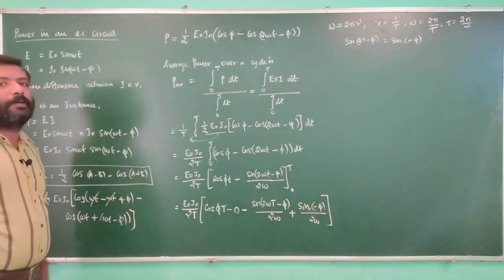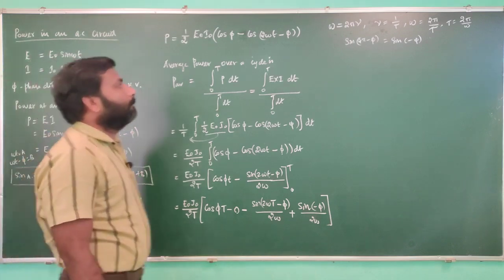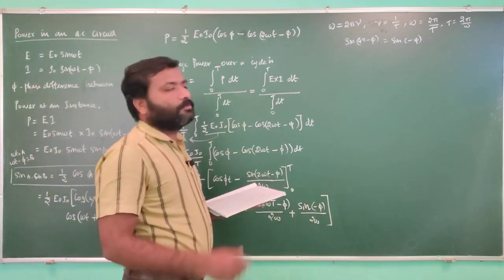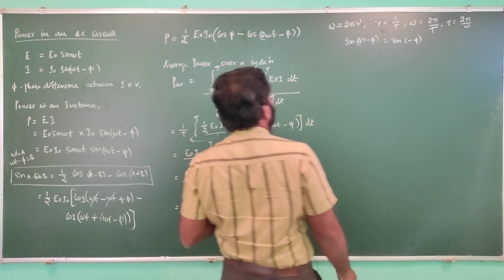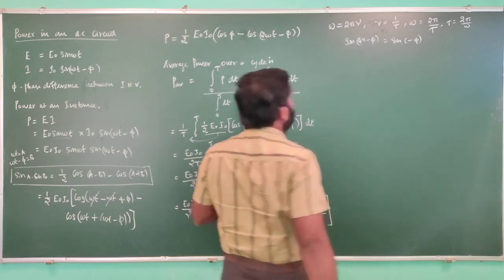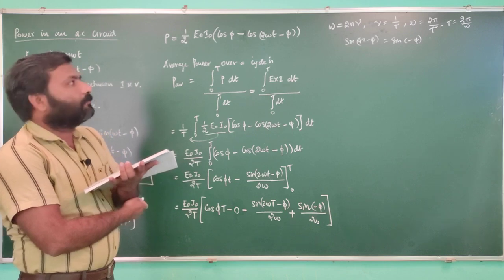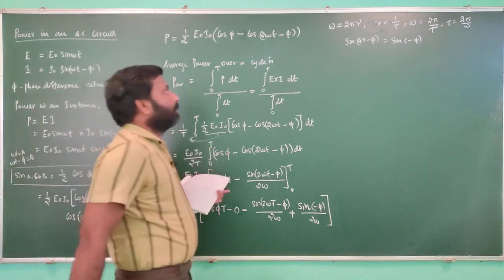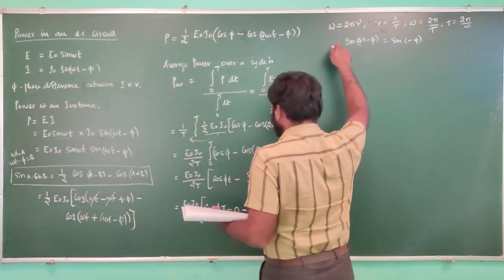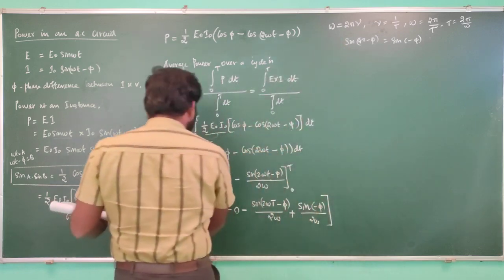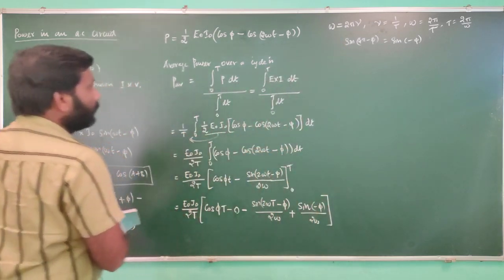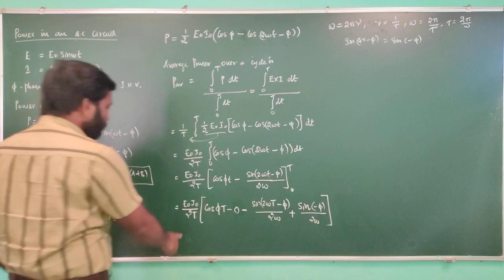4 pi is nothing but 2 complete cycles, right? So after 2 complete cycles it goes to the point of origin, so that sine of 4 pi minus pi is equal to sine of minus pi. So with these two things, if you apply them here, first let us apply 2 pi by omega in the place of t.